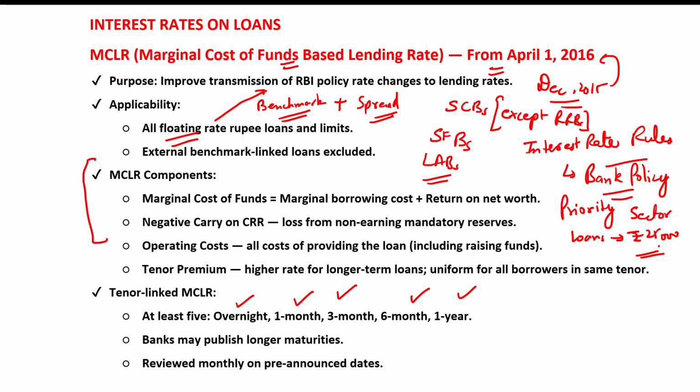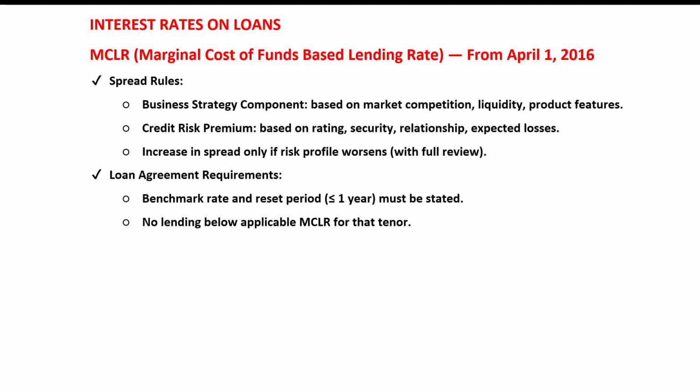Now, the spread over MCLR includes business strategy spread and credit risk premium. So, business strategy spread is based on market competition, liquidity, product features, and credit risk premium is based on borrower's credit rating, relationship, collateral, etc. If there is a change in spread for existing customers, spread can only be increased if credit risk worsens.